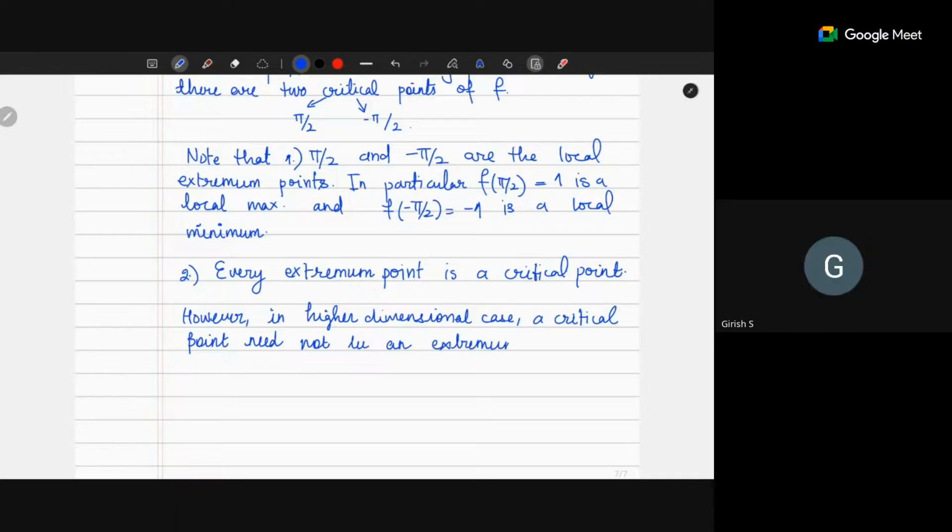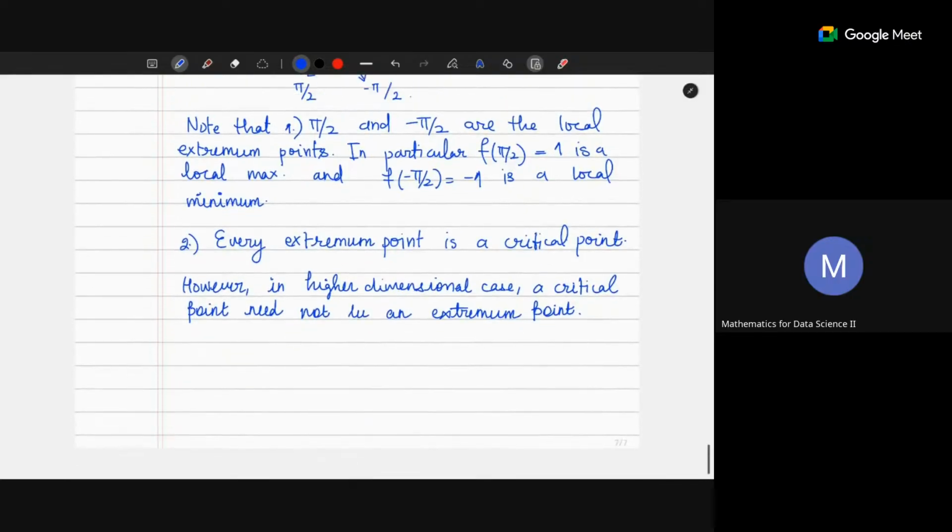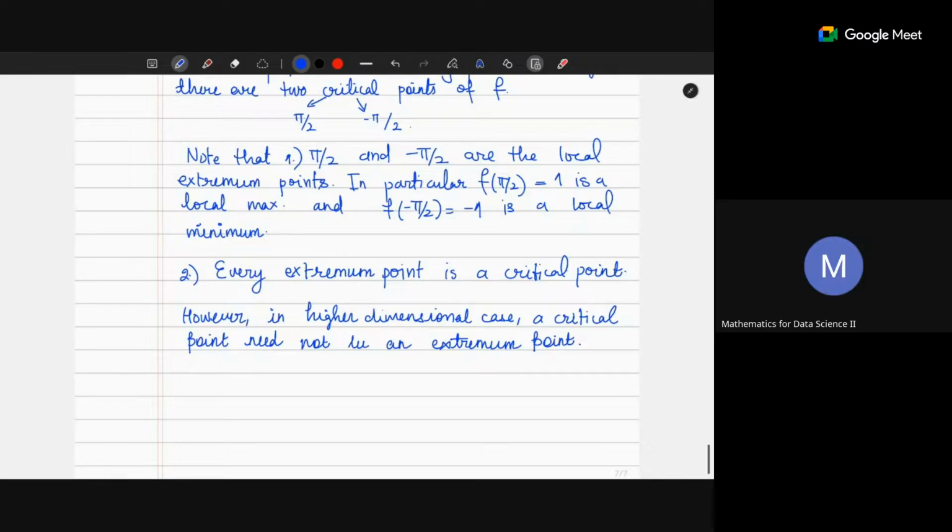Do you mean they can be something like a point of inflection? They can be saddle points. I will give an example. This note is important. I will come back to it once we are done with defining critical points in high dimension.